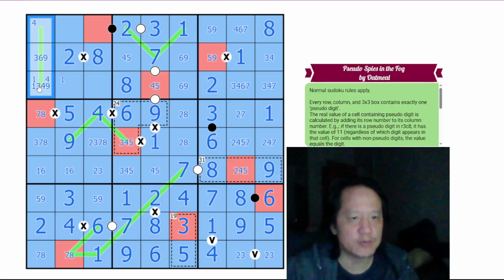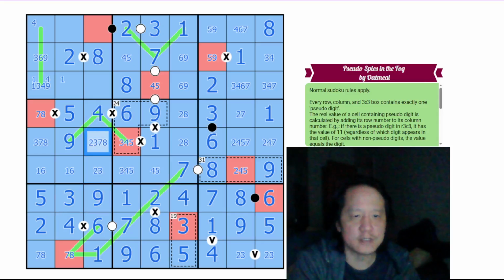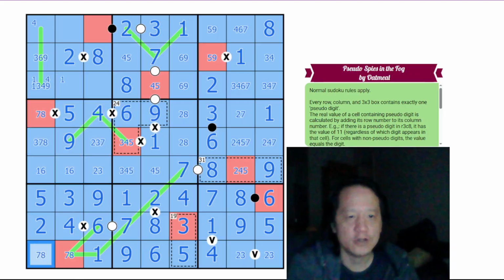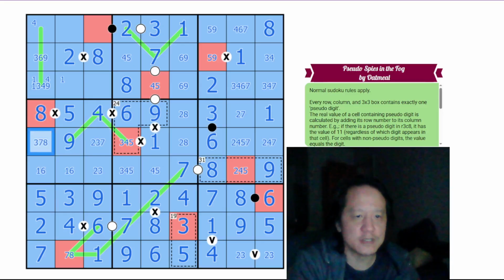So 9 has to be one of these digits, which eliminates 9 here, so this is 5, which makes this 9. 8 eliminates 8 here. So where is the 8 in this left central box? It must be one of these 2 cells. That eliminates 8 here. So this is 7, which makes this 8, which makes that 3. 7 eliminates 7 here, so it's 8.